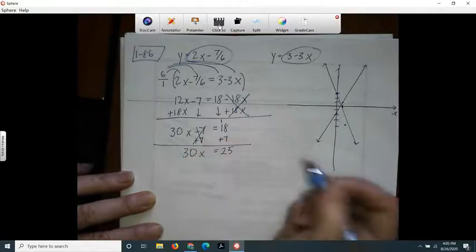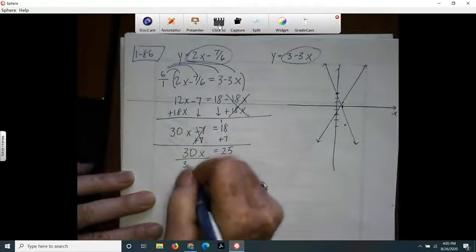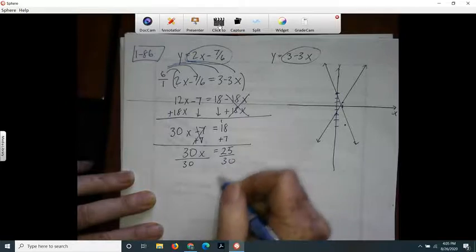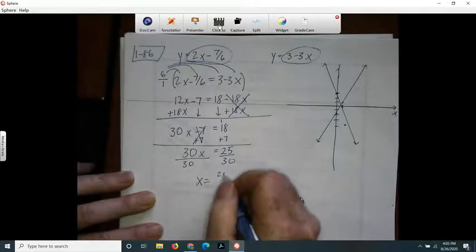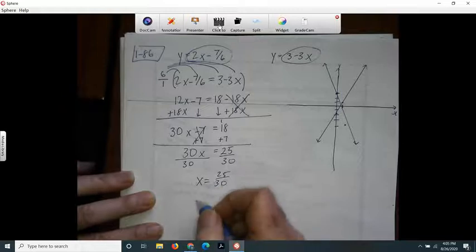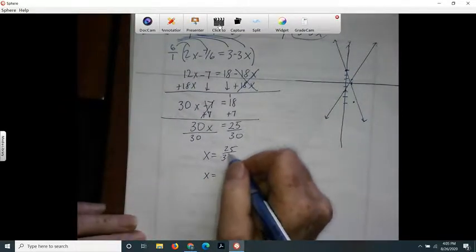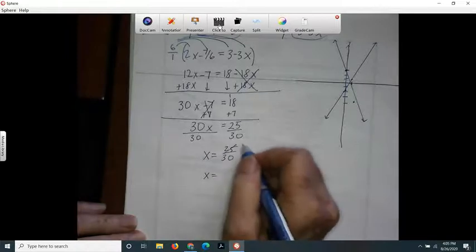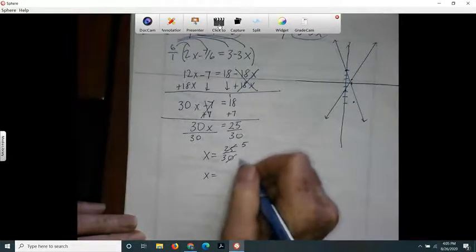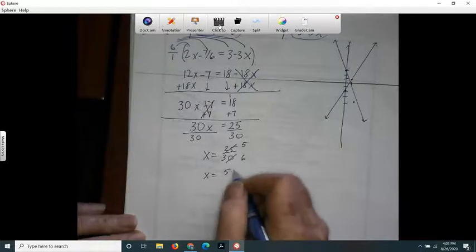And then divide. So 25/30ths can be reduced by 5s. 25 divided by 5 is 5. 30 divided by 5 is 6. So I get 5/6. That is my x.